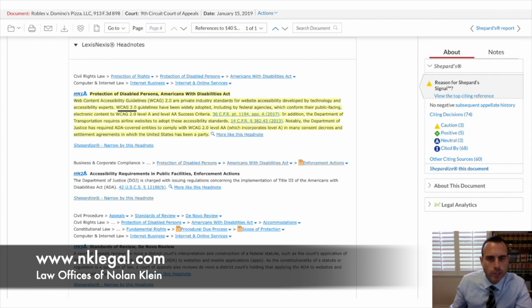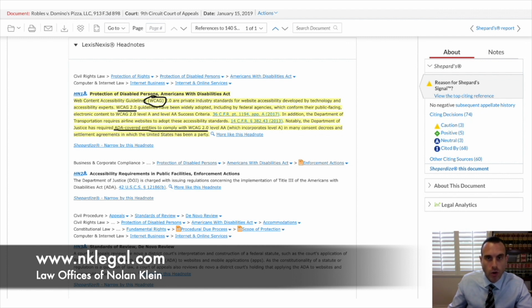And as the court here notes, in many of those settlements, the United States, the DOJ has required as a condition of the settlement that the ADA-covered entities comply with WCAG 2.0. So the point is we have a de facto standard here, taking authority from here and from there. WCAG standards, which do advance, they get more and more advanced, is the standard in order to make a website compliant with the ADA.